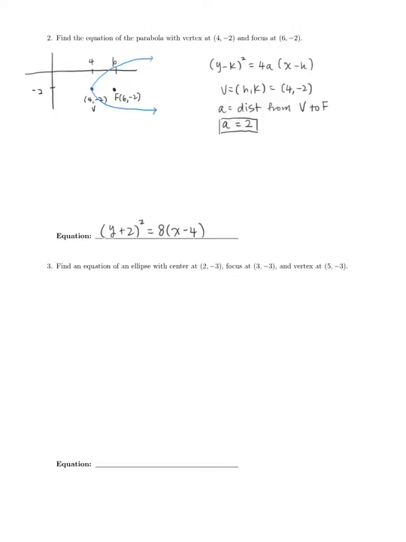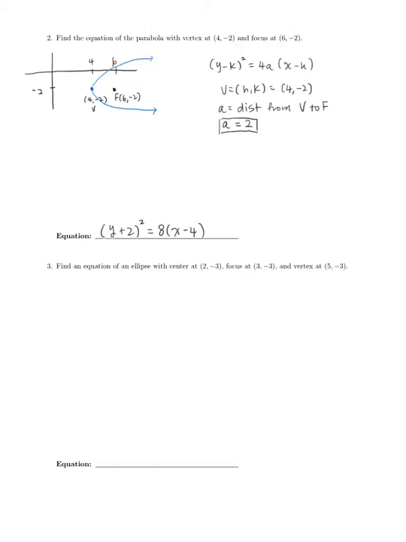Okay, number 3, find an equation of an ellipse centered at 2, negative 3, focus at 3, negative 3, and vertex at 5, negative 3. So it looks like all the points lie on the line y equals negative 3. That means the major axis must be parallel to the x-axis. Keeping that in mind, let's work it.